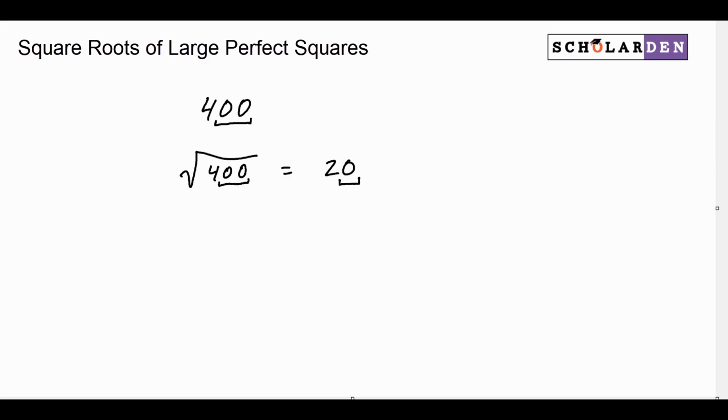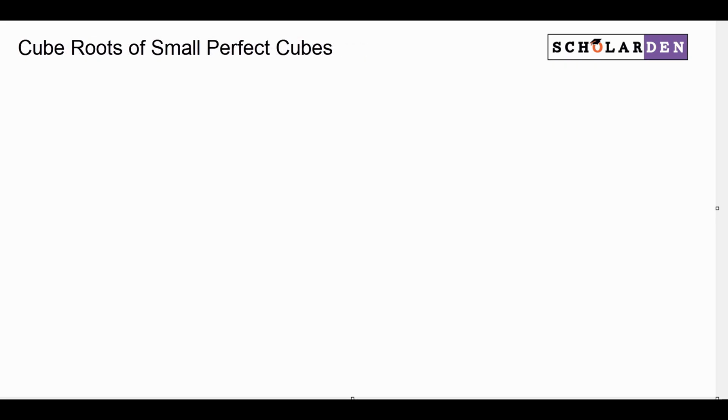Now let's talk about a similar thing but with cube roots. The cube roots of small perfect cubes. So for example, 0.000008, that's a perfect cube. The cube root is going to have 1/3 the number of decimal places. So this has 1, 2, 3, 4, 5, 6 decimal places.